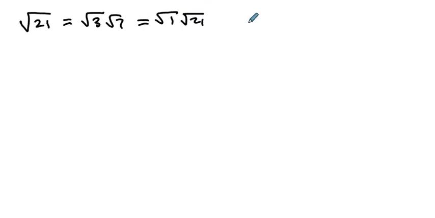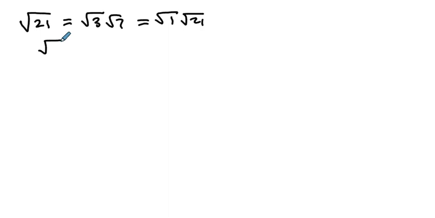All right? So let's do the square root of 21. I can rewrite this as 3 and 7, right? Well, that doesn't really do anything. Or I could write it as 1 and 21, and that doesn't really do anything either.